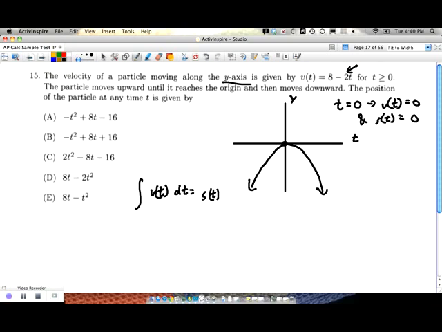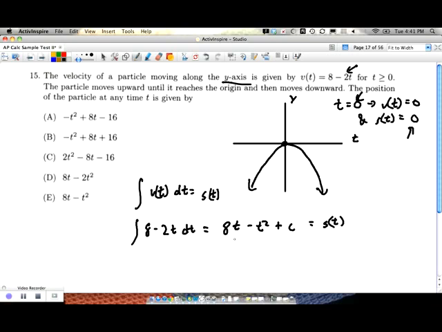So let's see what the antiderivative of this piece here would be. We have 8 minus 2t dt. The antiderivative of 8 is 8t. Minus 2t becomes minus t squared. And then we have plus a constant. So this equals our position. But we also know that our position is 0 when t equals 0.